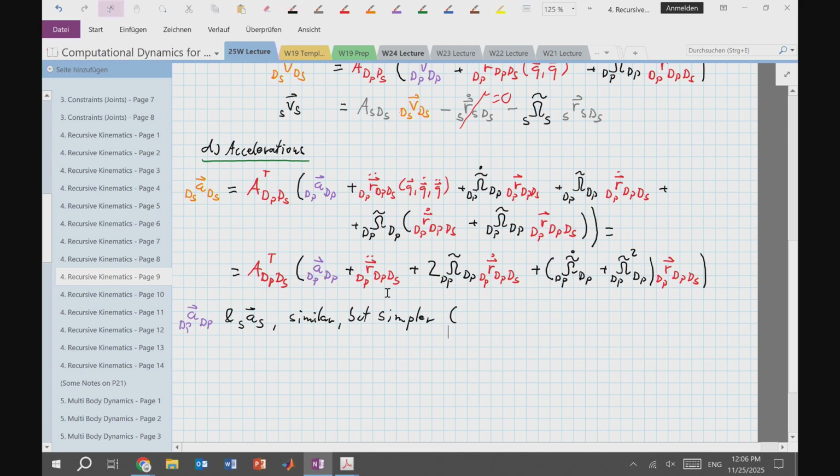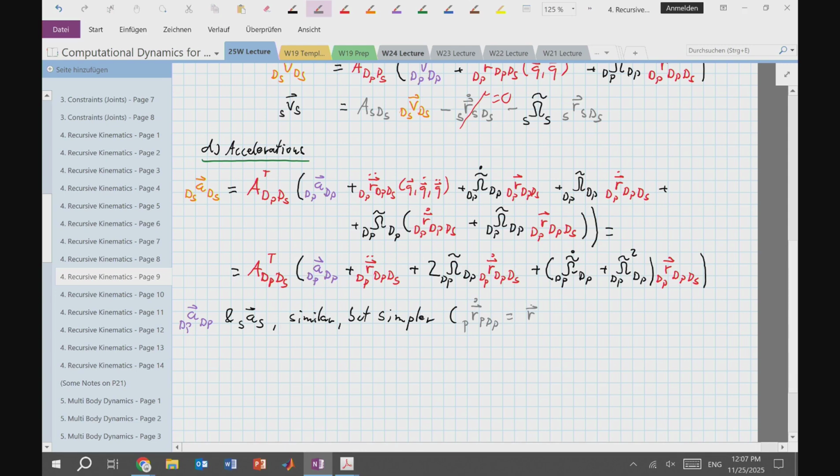Right, you would do exactly the same thing. You would just get different indices down here. But then you would see that, for example, this velocity r p dp dot, which would correspond to this guy here, is 0 in p coordinates.